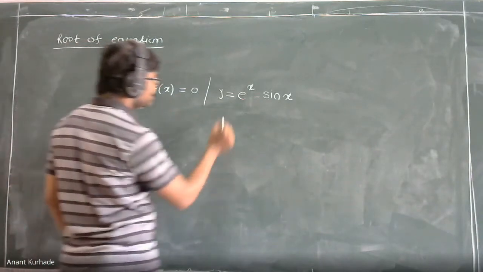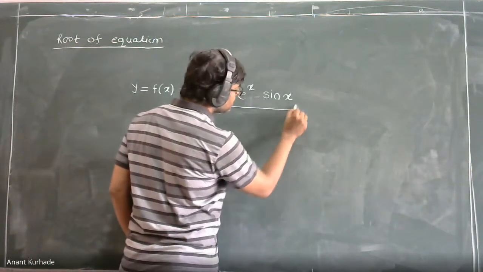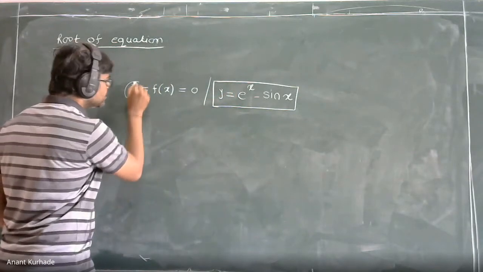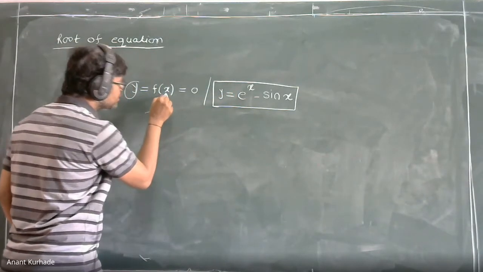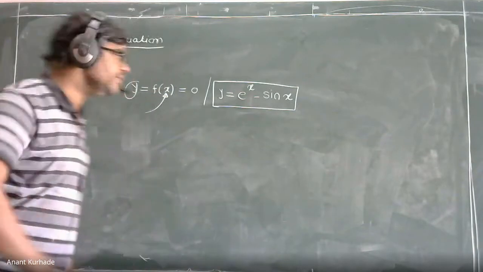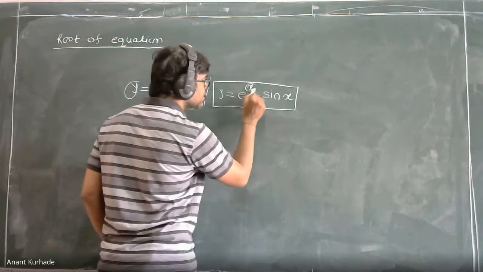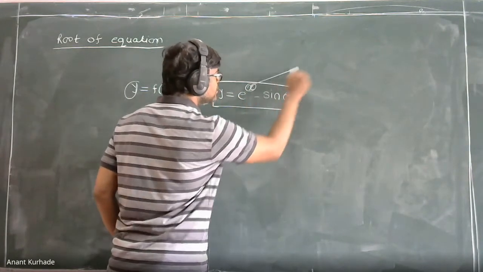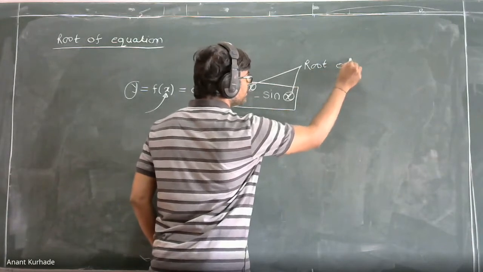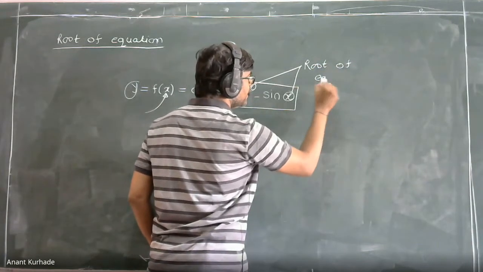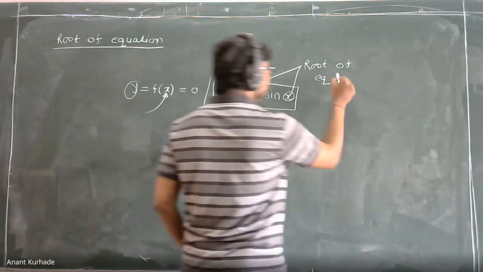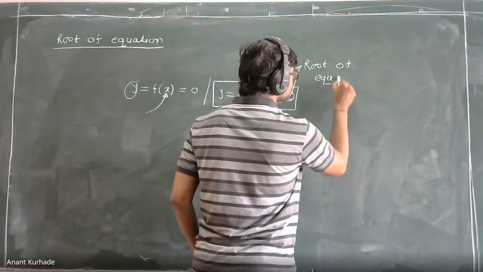In this equation, y is a function of x, so the root of the equation means you have to find the value of x. The methods to find the value of the unknown in a given equation are the methods for the root of an equation.